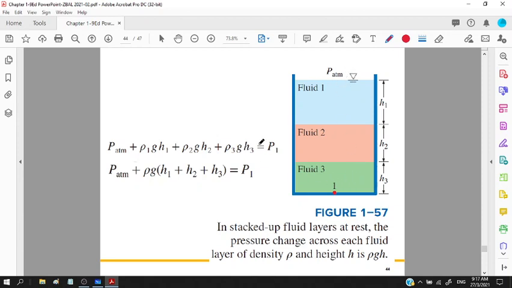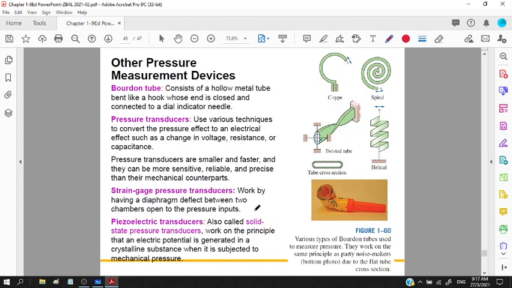So that is P1. This is another type of pressure gauge. As far as we are concerned, either the pressure is given in a problem, or we measure using the Bourdon gauge or the manometer. So this is the principle used by a Bourdon gauge.